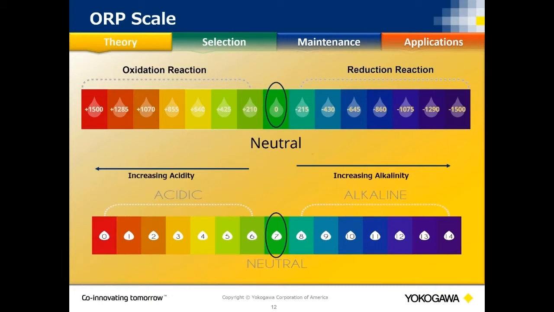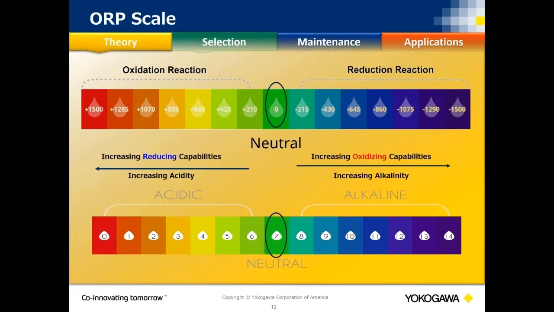The same thing we can do with ORP. But remember, the terms are going to be kind of backwards. If we go positive, we can say it has an increasing reducing capability, meaning we have a lot more oxidation going on, or oxidizers that can cause reducing reactions. And then the same way, if we have a negative value, we have a lot of reduction reactions going on.